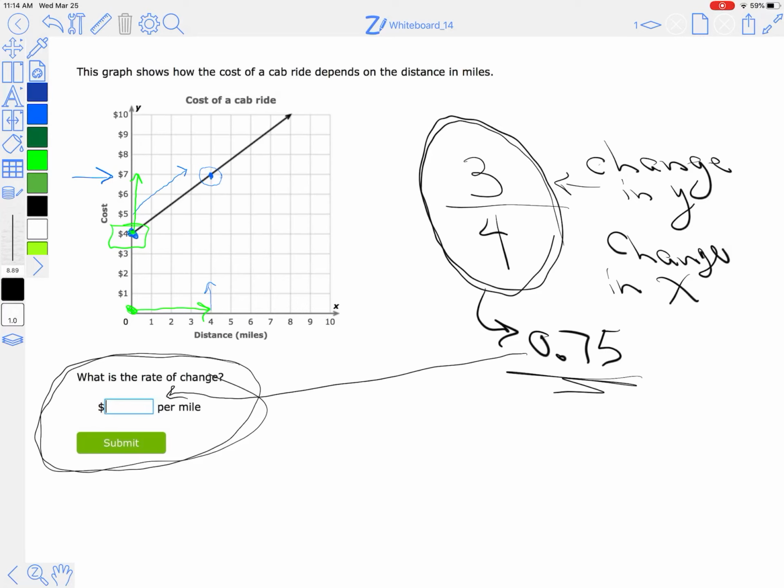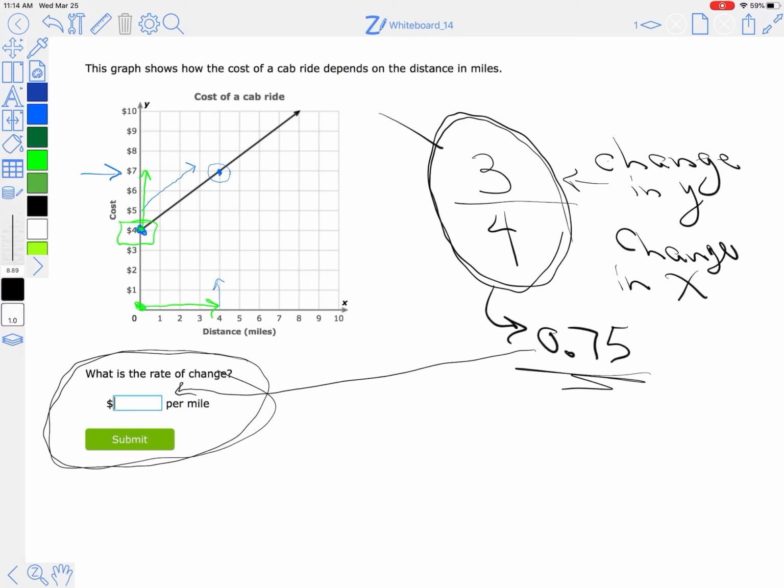If you don't understand how I got 0.75, you could use a calculator and just do the top number 3 divided by the bottom number 4. 3 divided by 4 will give you 0.75. So that's the rate of change. The cost for a cab ride is 0.75 or 75 cents per mile.